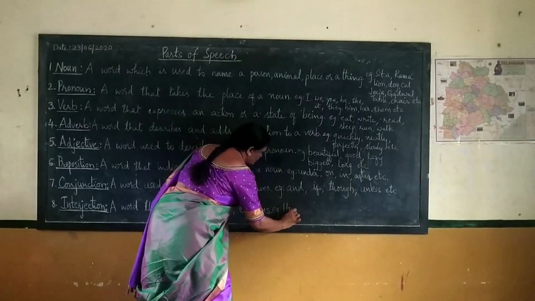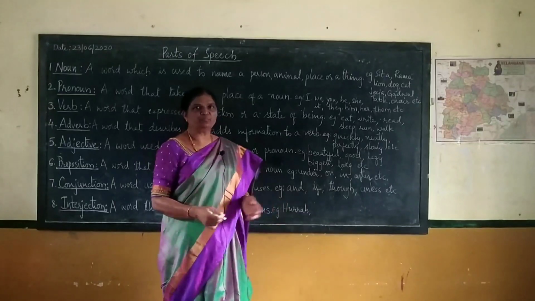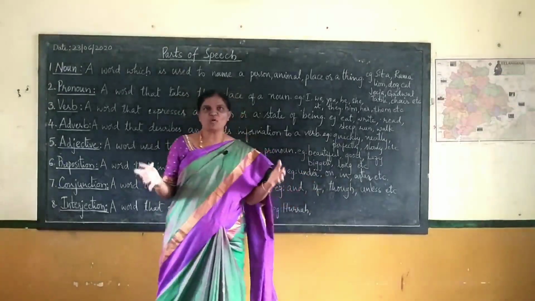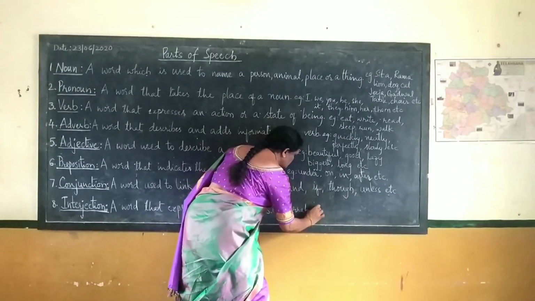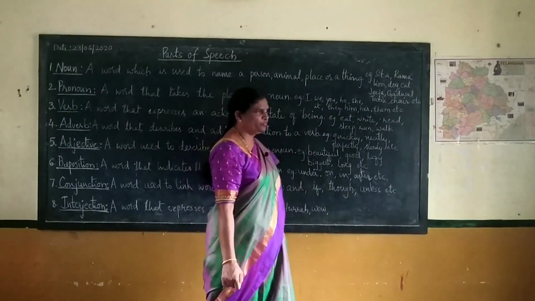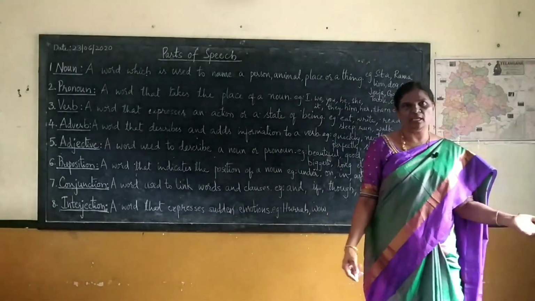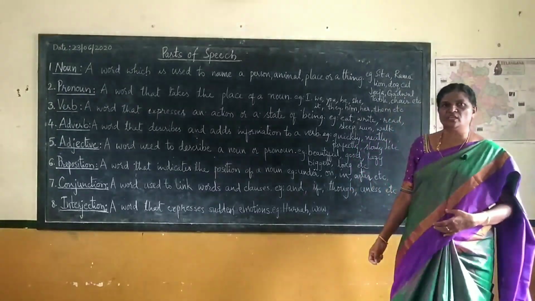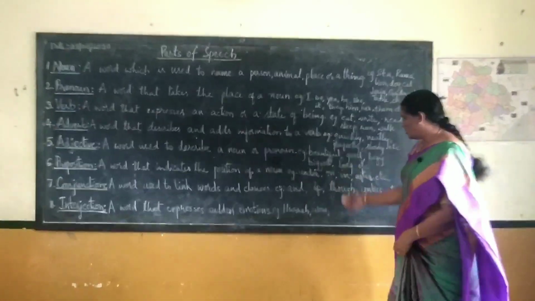Hurrah! And if you see something beautiful, what do you say? Wow! It's so beautiful, you say. Wow is also a sudden expression. See, if something tragic takes place, then we say, alas, we have lost the match. Alas.